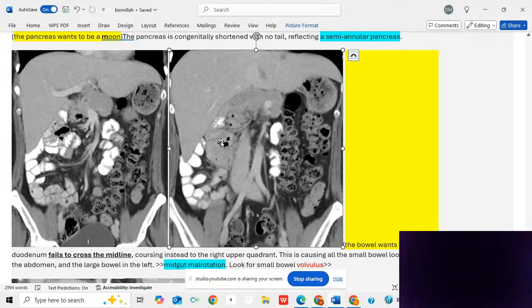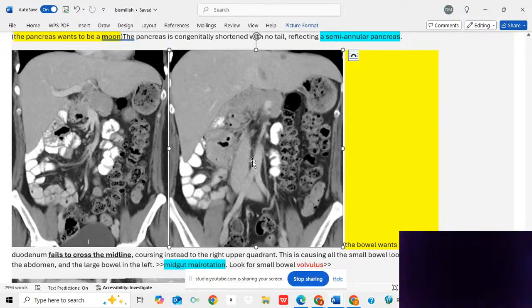You need to check for the development of volvulus in these small bowel loops. Check these malrotated small bowel loops for evidence of volvulus development, small bowel volvulus.